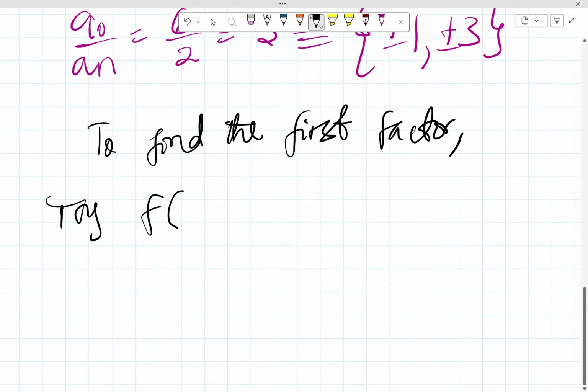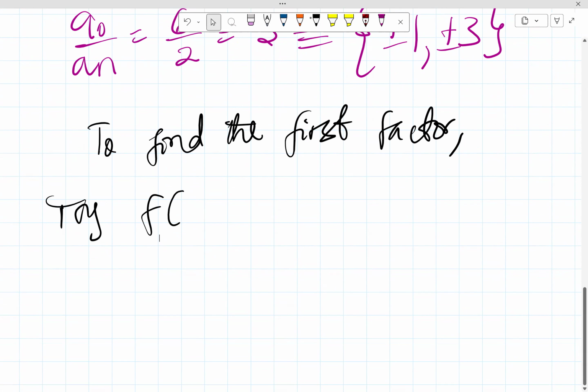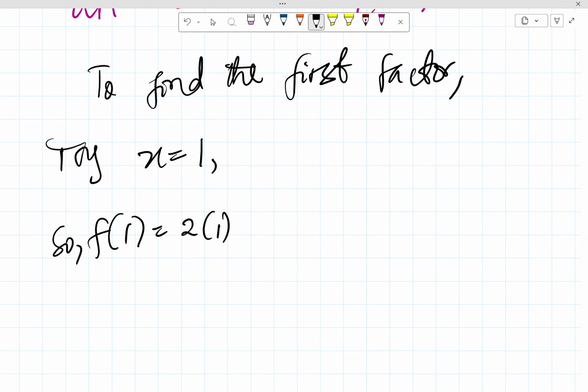Try f of 1. Try f of 1 means try x equals 1. We're assuming we want to try if x equals 1 is a root of the expression f of x. So we now have f of 1 to be 2 into 1 cubed minus 3 into 1 squared minus 11 into 1 plus 6.